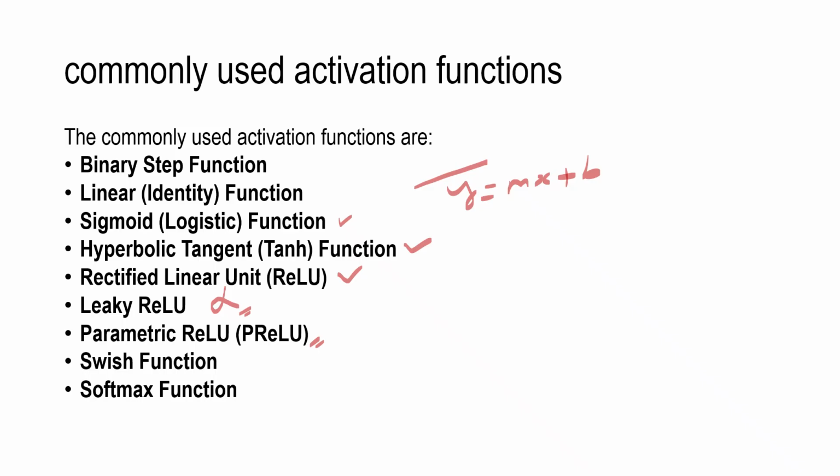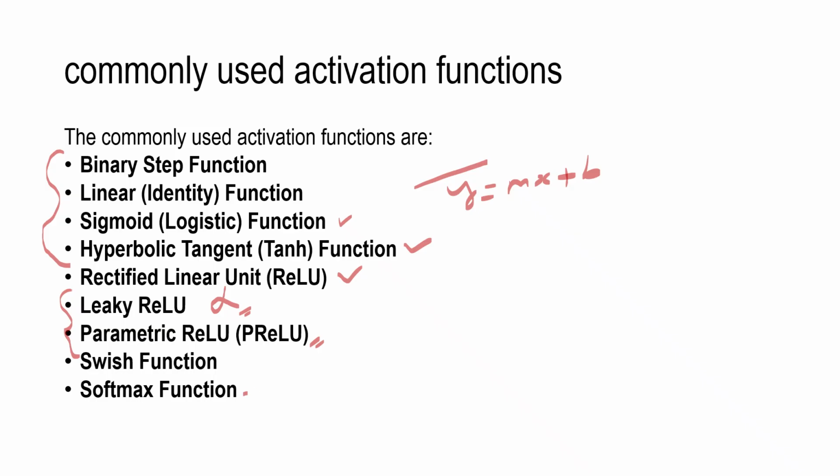So these two kinds of ReLU will solve the problems in the rectified linear unit, which is mostly used for deep neural networks. So binary to tanh can be used for simple applications. When you are going for deep neural networks, ReLU and its variants can be used.